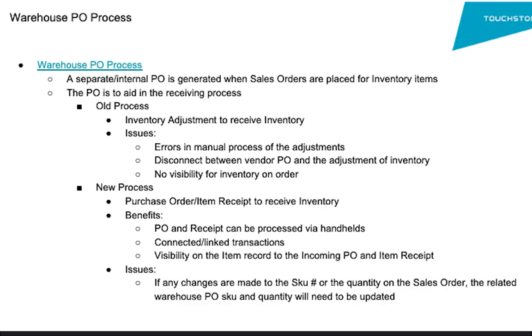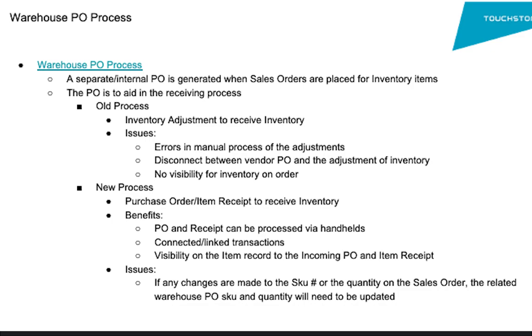We can't do anything with that PO to actually receive the inventory in. So the receiving team would have to process an inventory adjustment to receive the inventory into NetSuite. So it's a separate transaction, unrelated to the incoming purchase order that they would have to do to get the inventory into NetSuite and available for shipping.